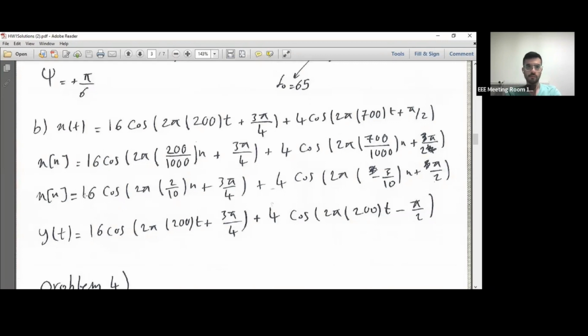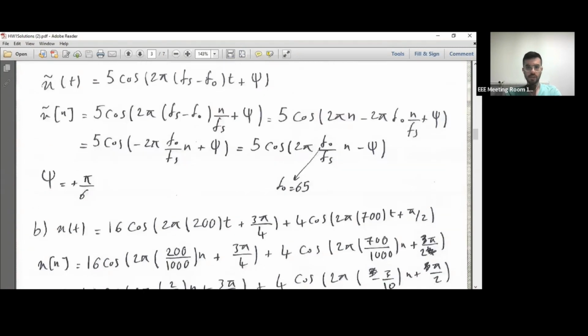So for finding this one, as you can see, again, we need to divide by 1 over 1000, which gives us 200 and 300. Actually, this is not 200, 300, because when we do the subtraction, we will have minus 3 over 10.